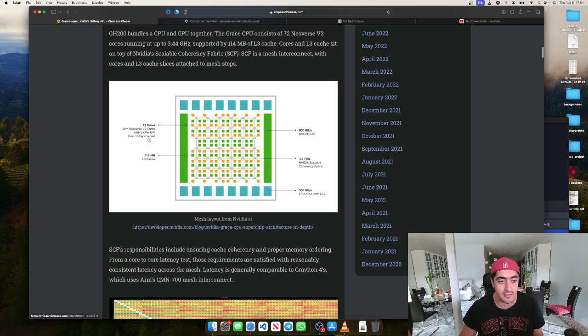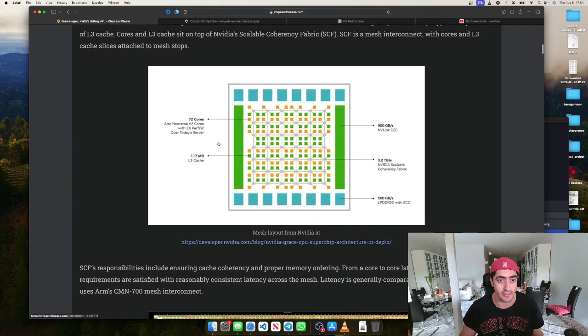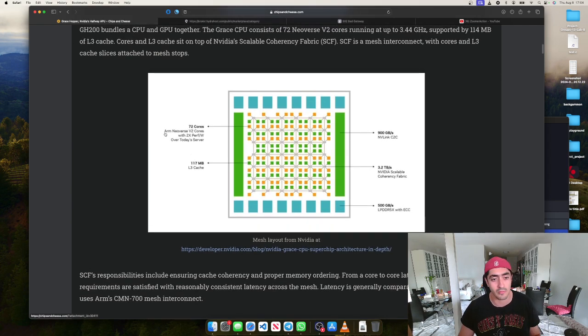So as you can see, there's 72 ARM Neoverse V2 cores with 2x perf/W over today's servers, and then there's 117 megabytes.